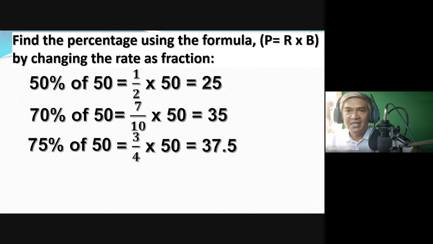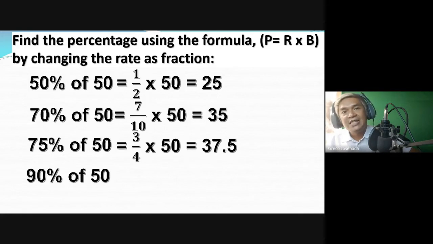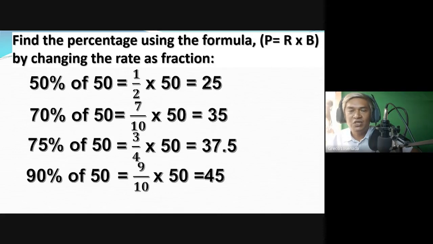So we need to find 3/4 times 50, giving us the answer of 37.5. Then, let's find 90% of 50, which is equivalent to 9/10 times 50 is equals to 45.